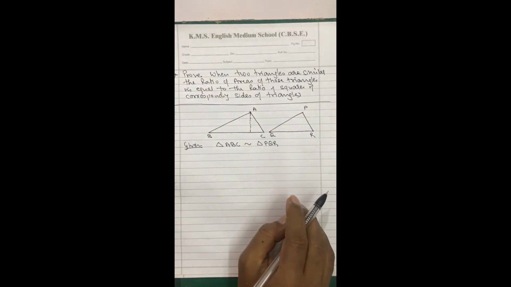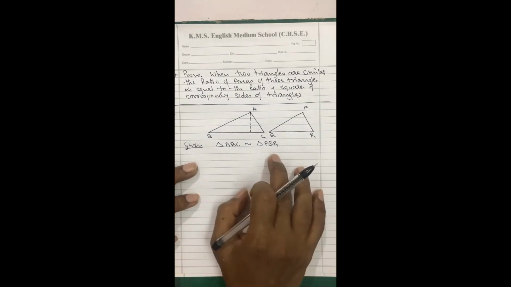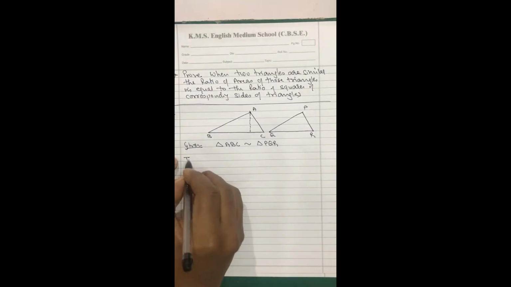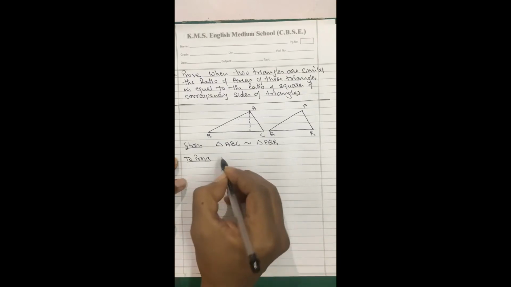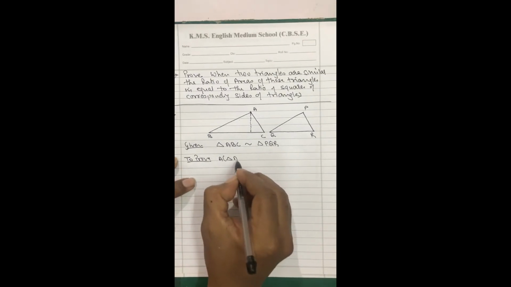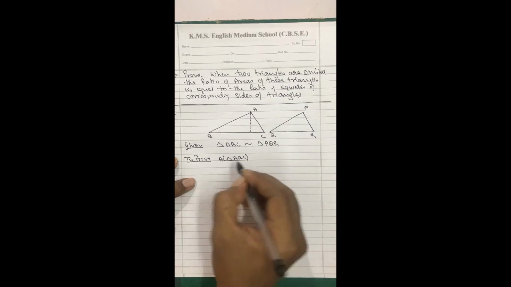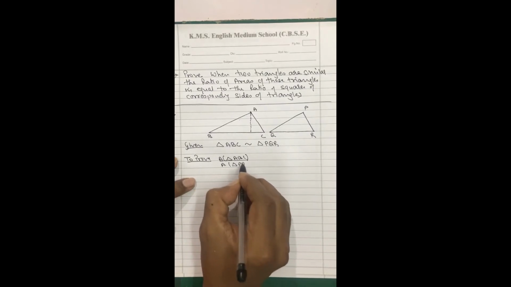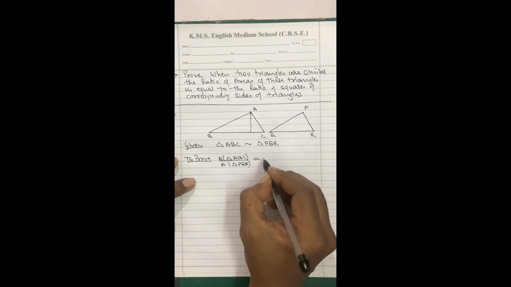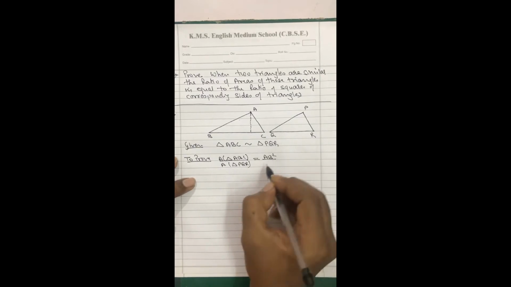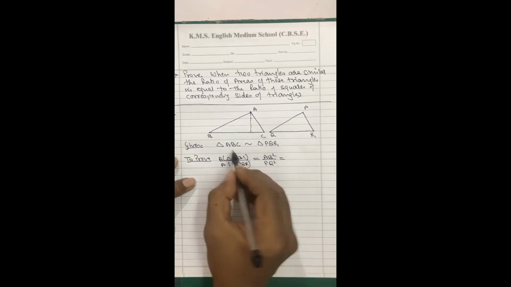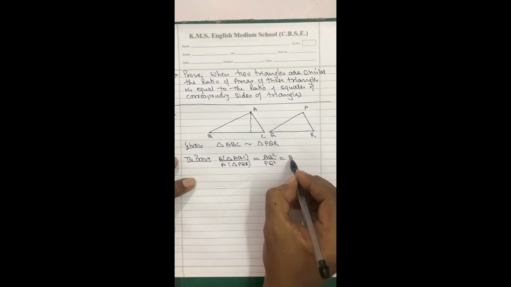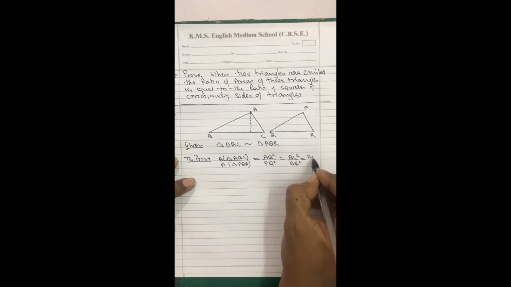You may require triangle ABC similar to triangle PQR, and you will be asked to prove area of triangle ABC upon area of triangle PQR is equal to AB square upon PQ square is equal to BC square upon QR square is equal to AC square upon PR square. This they will ask you to prove.